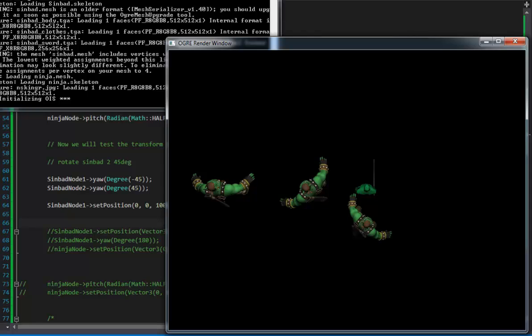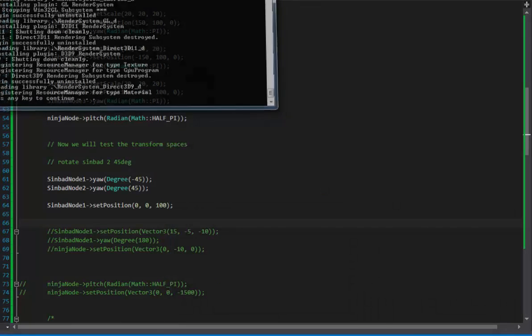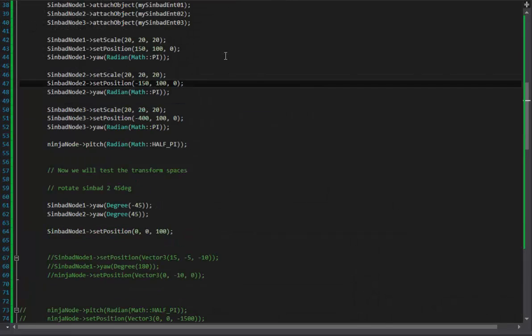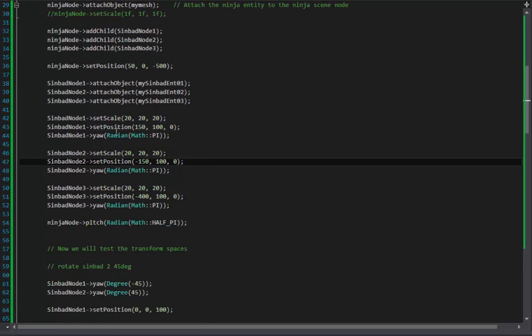That's what I mean. So what I did is when I set the position of the Sinbad to 0, 0, negative 50, it took the Sinbad from the right of my ninja and placed it 50 units behind the ninja.